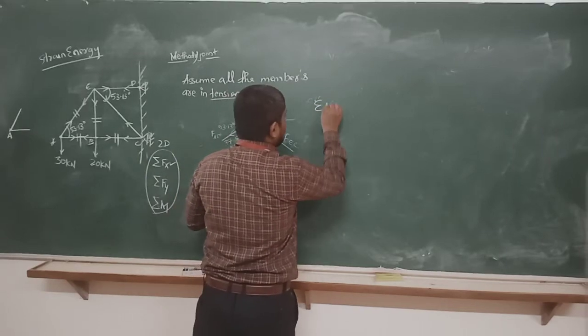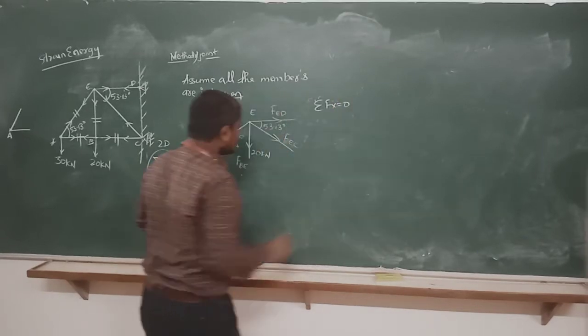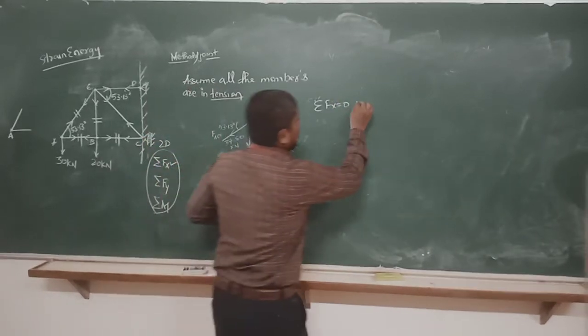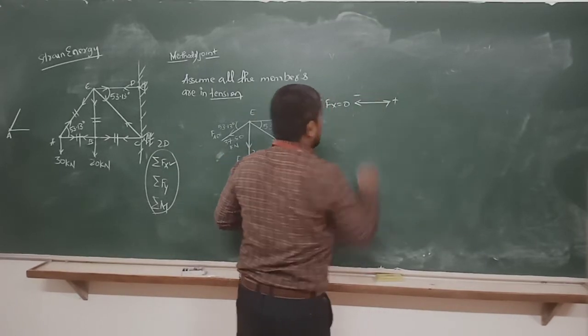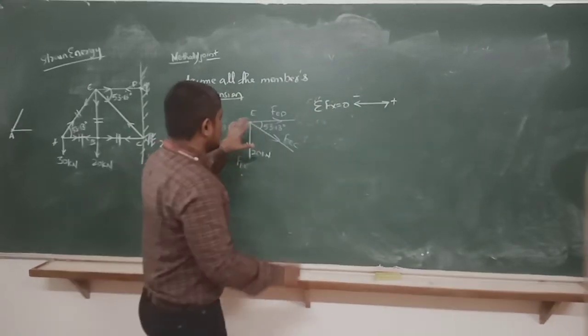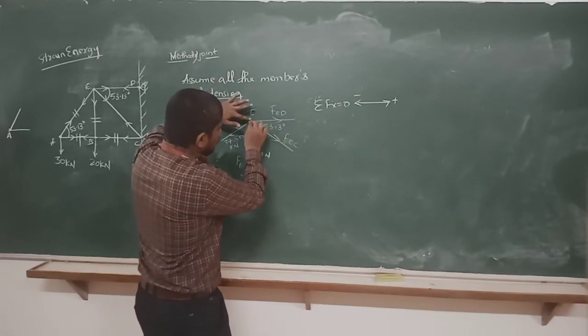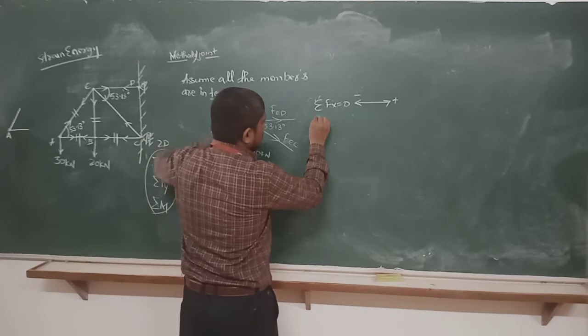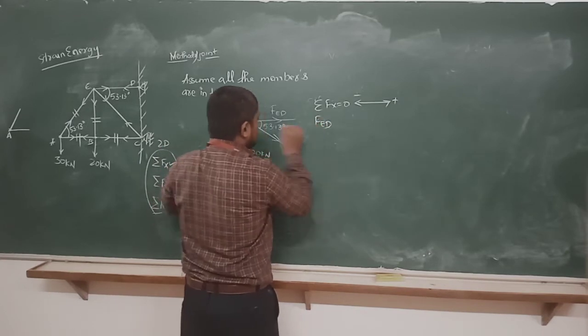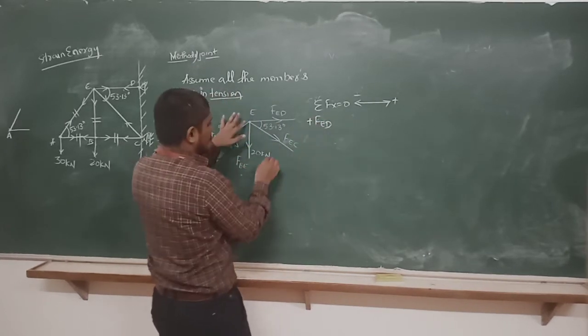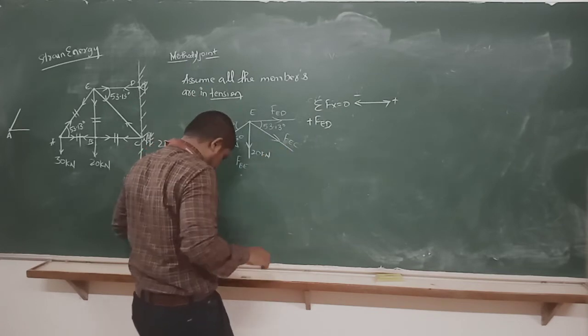Summation of Fx is equal to 0. Let us go one by one. Right side positive, left side negative. I'll finish this fast so that we can go for the next step. So FED, it is in which direction? Right side direction, positive. You take FEC.